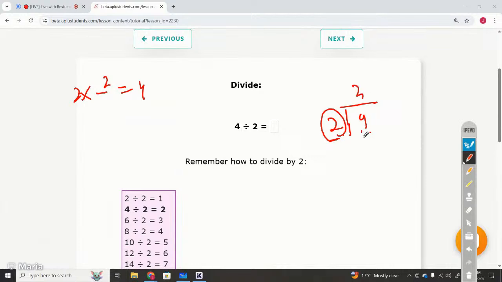Basically, you need to count a table of 2 until 4. So 2 times 2 is 4. When you subtract, the answer is 0. So you need to keep dividing until we have the answer 0.